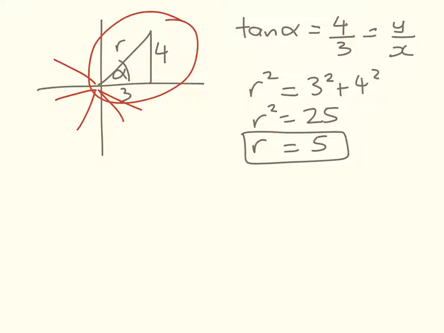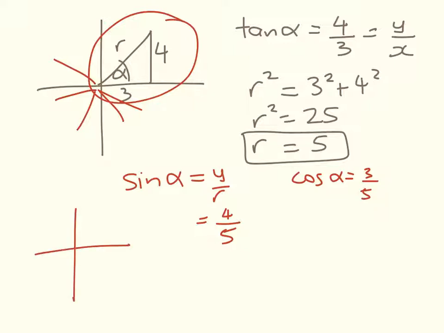So now that I've got the third side of that triangle, I can work out sine of alpha, which is y over r. That will be 4/5, and cos of alpha will be 3/5. We can do the same thing for the second picture here. So we're told that, I'll do it in green, cos of beta is 12/13. So the 12 is the x and the 13 is the r.